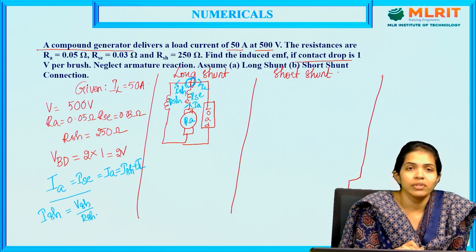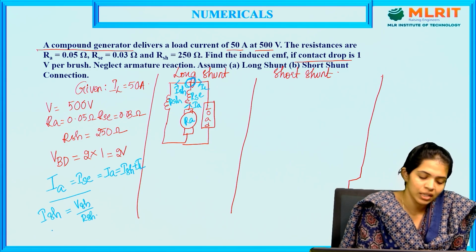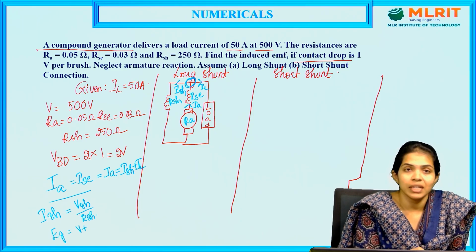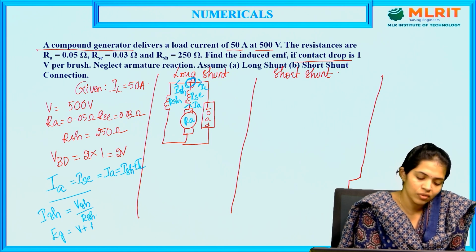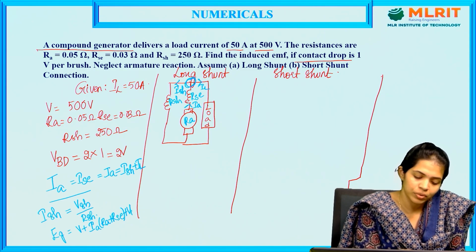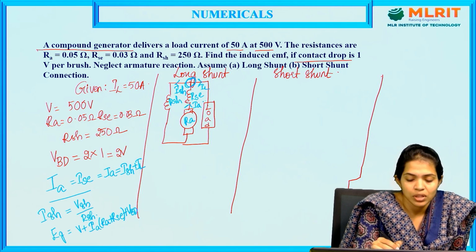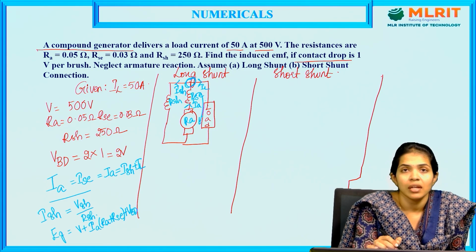To write the equation for VSH, we need to write the equation for EG. EG for this particular type of generated EMF will be given as IA into RA plus RSC plus the brush drop. When we write a KVL equation in this particular loop, we know that the generated EMF is coming from the armature.